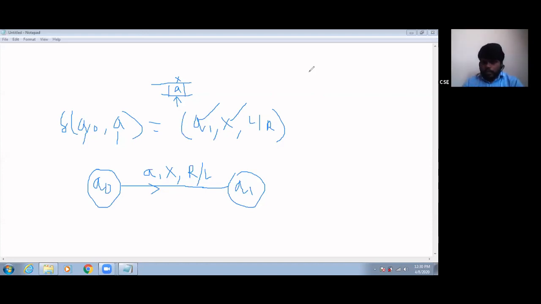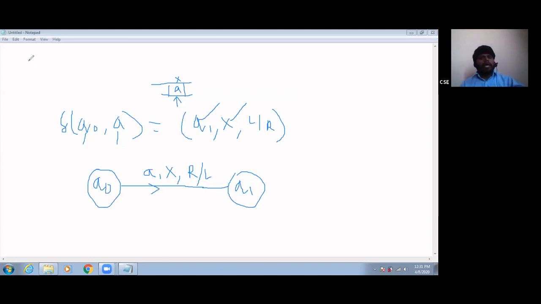And one more thing. Here is the acceptance of the Turing machine. After reading the entire input string, if you reach the final state, then your string is processed.